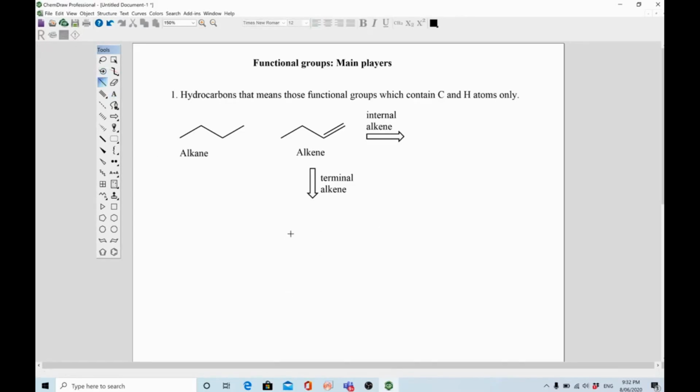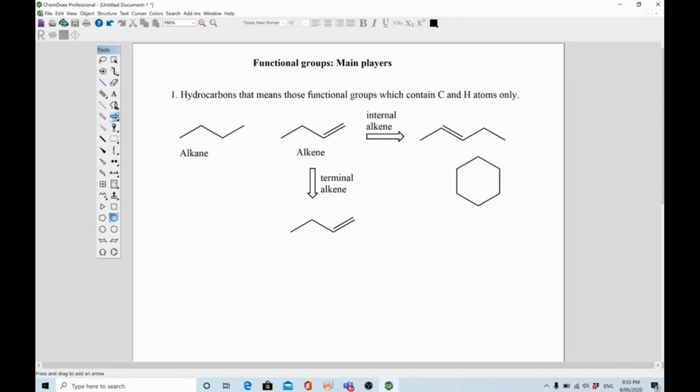We will discuss it in another video. So this is the terminal alkene, and if we have a double bond in between, this is called internal alkene, because it contains a double bond in the middle of the chain, and it can be cyclic as well.